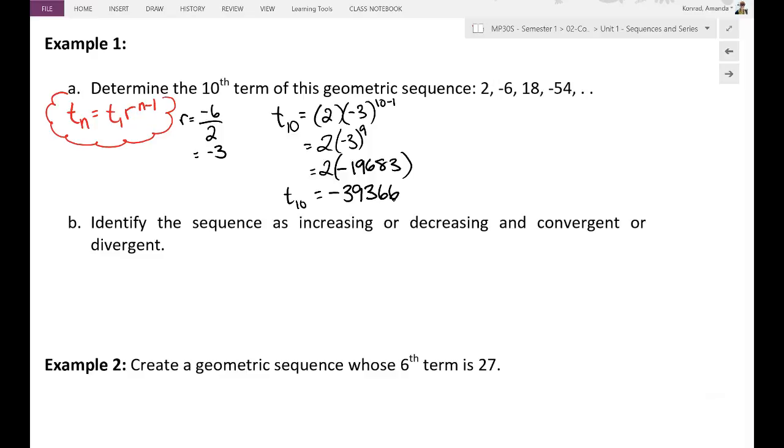So geometric sequences are very, very different than arithmetic sequences. Part B asks, identify the sequence as increasing or decreasing, and convergent or divergent. Because we're flip-flopping between negative and positive, it is neither increasing nor decreasing.